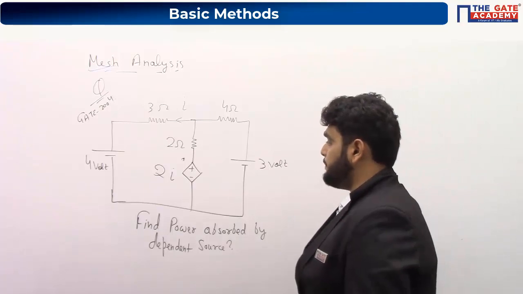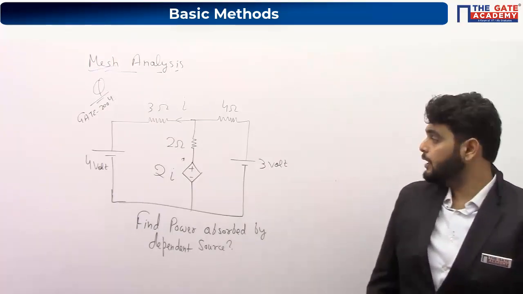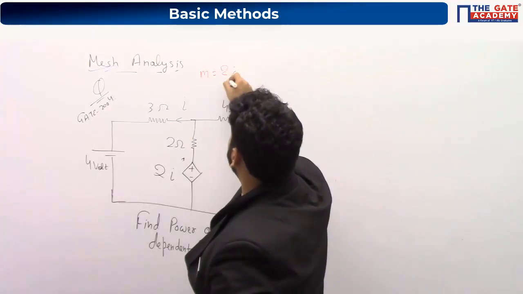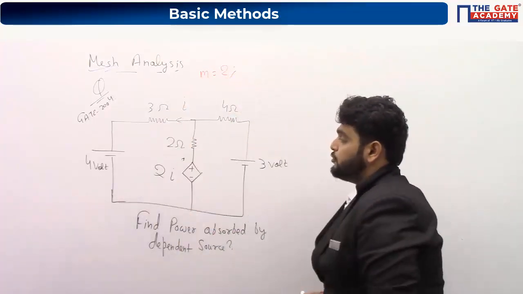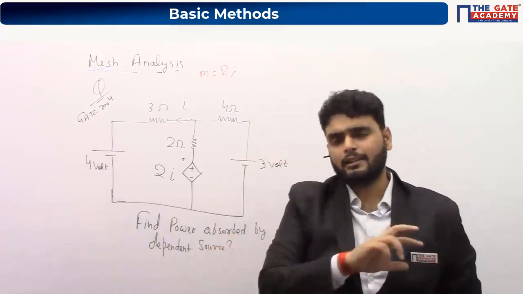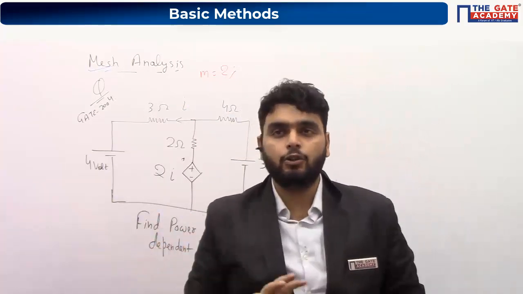So the first step is to count the number of meshes. So here I can see the number of meshes is equal to 2. The second step is to show the direction of current in each mesh. And I told you, you can take clockwise or anti-clockwise direction, no problem.